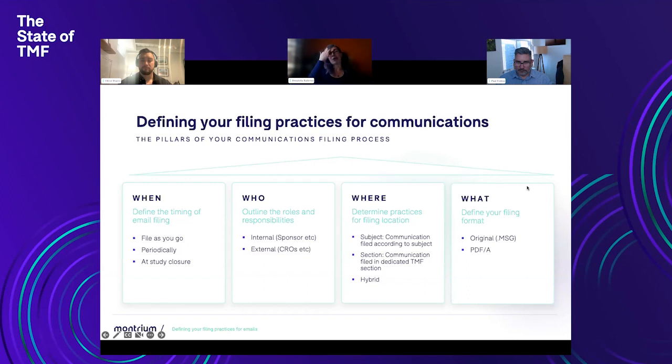Periodically, when I was working at the sponsor side, was an approach that I had experience with. It has risks and benefits, again. I don't want to critique it at all, but as you said, Oliver, when you turn on the laptop and you see something like 300 emails, and you try to understand what is relevant and file them in the right artifact section of the TMF, it takes a lot of time.